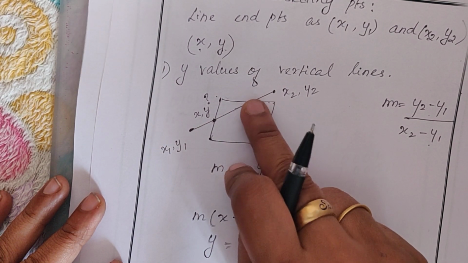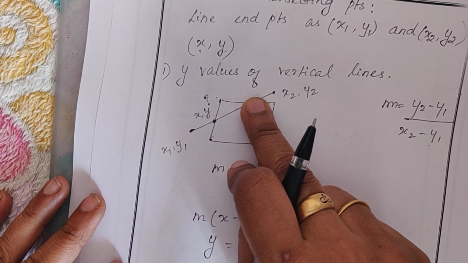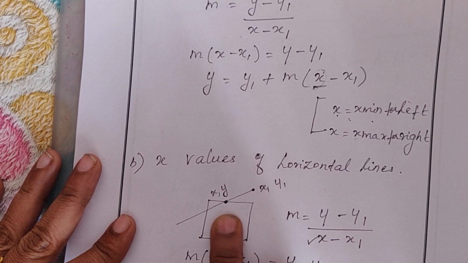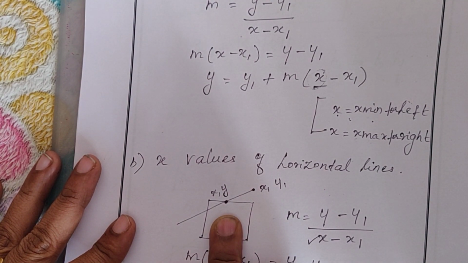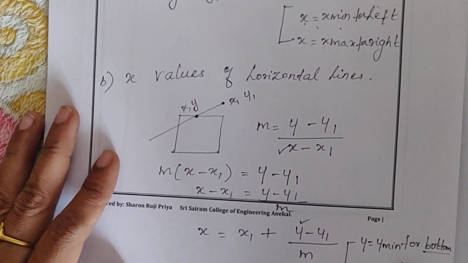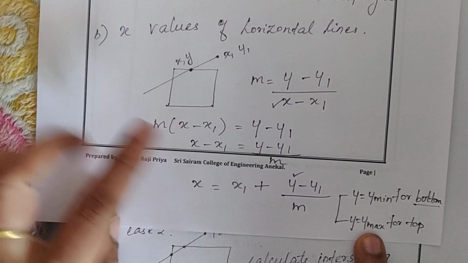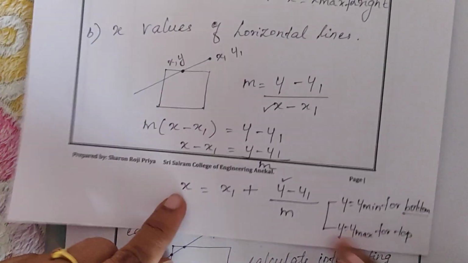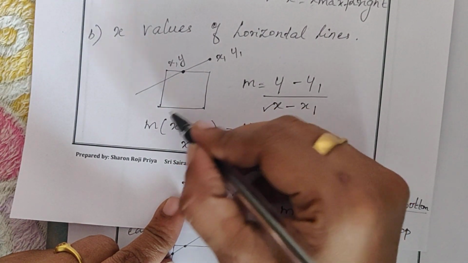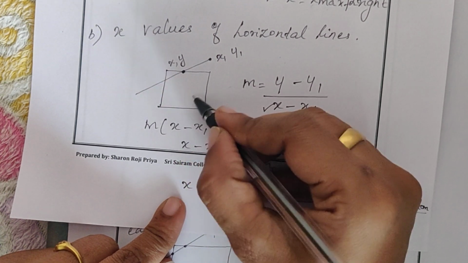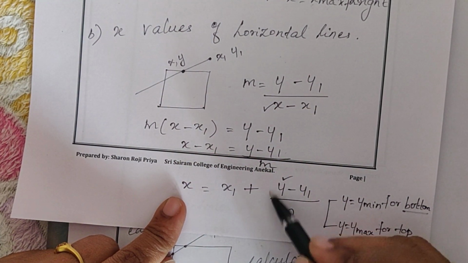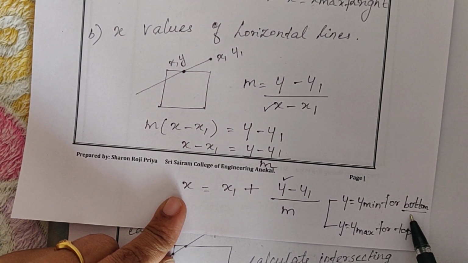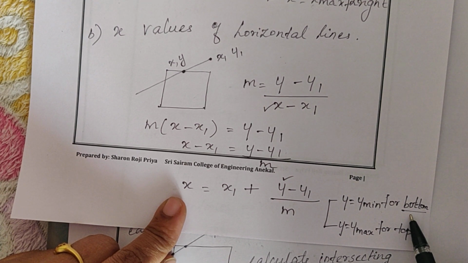So what y value should I consider? I should consider the maximum y value. y should be y max. In this place, the maximum y value I should substitute. Suppose my line intersects like this, with the bottom boundary. Then what value should I substitute for y? The minimum value, since it is intersecting with the bottom boundary, right?